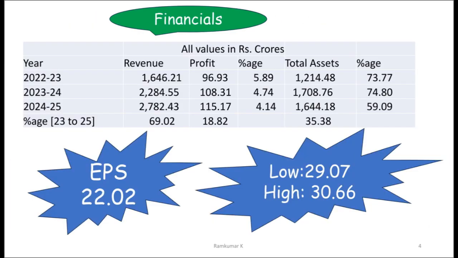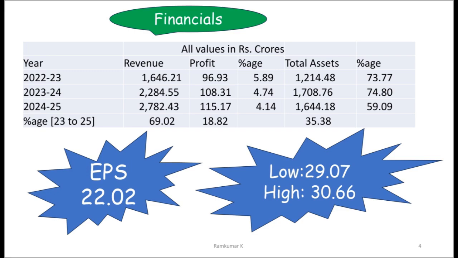Now we look at the financials for the years 22-23, 23-24 and 24-25. We will look at revenue, profit, assets. In terms of revenue, the company has clocked 1,646 crores in 22-23, followed by 2,284 crores, followed by 2,782 crores.